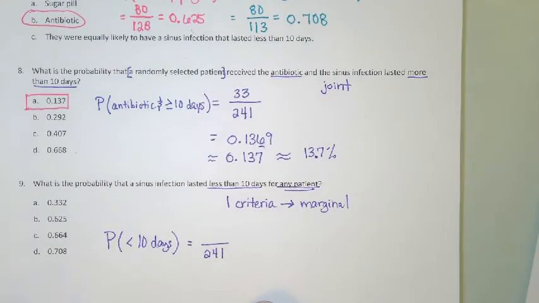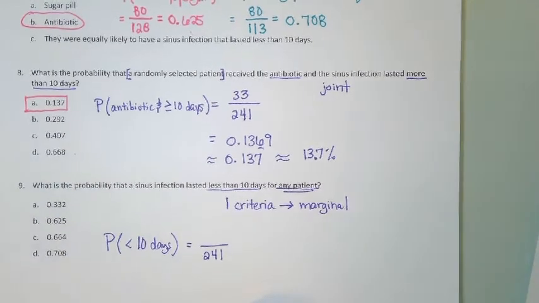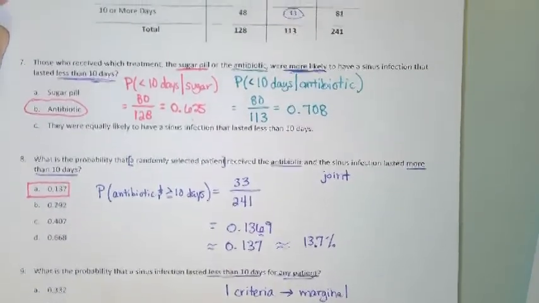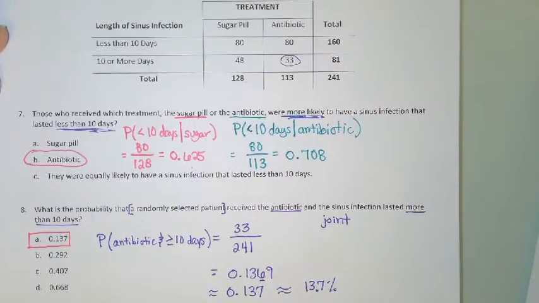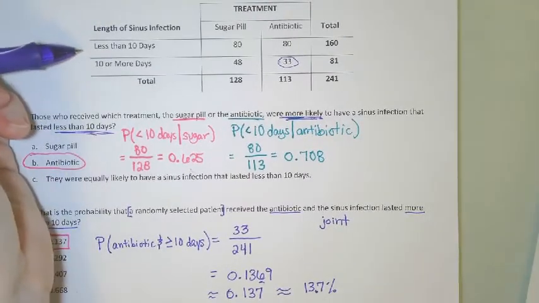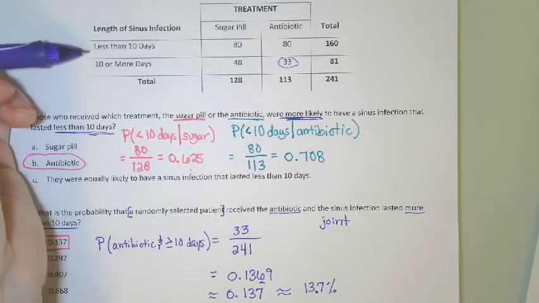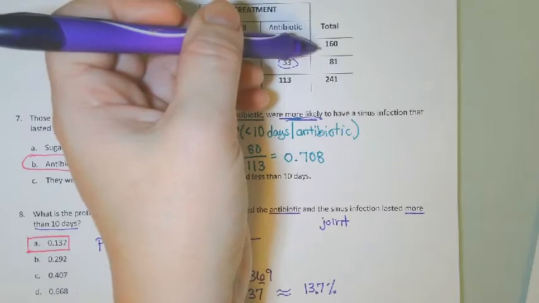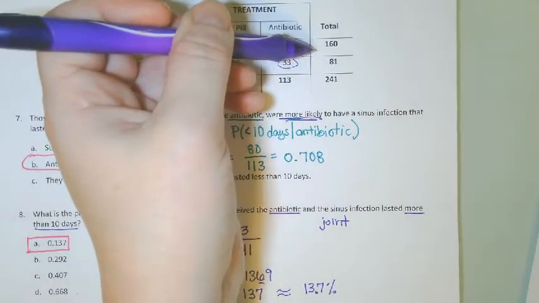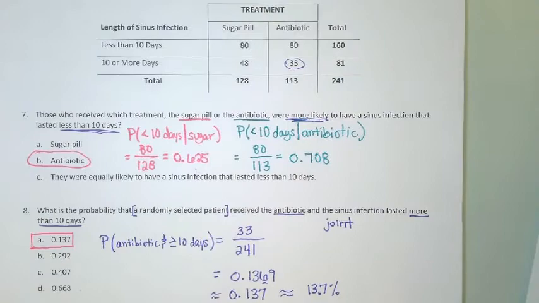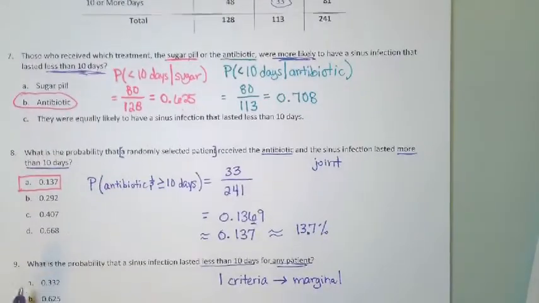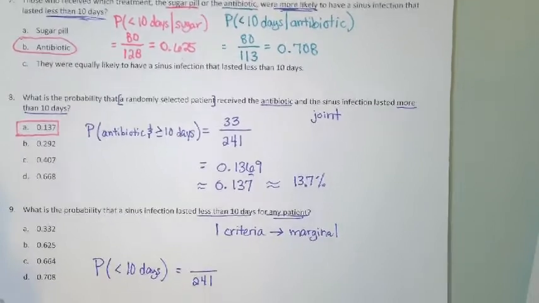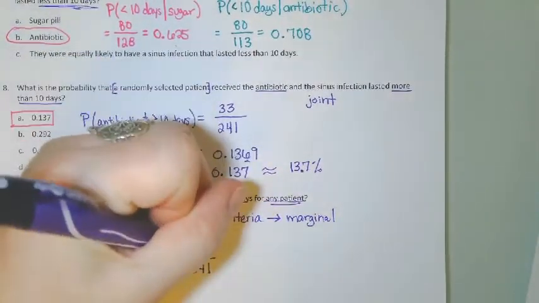And on top, we're looking for how many of those 241 patients had a sinus infection lasting less than 10 days. So I'll go back up to our 2x2 table. And here's where we have the length of sinus infection. I'm looking at less than 10 days. So if I go all the way to the right, there was a total of 160 patients or participants who had a sinus infection lasting less than 10 days, regardless of which treatment they were assigned to.